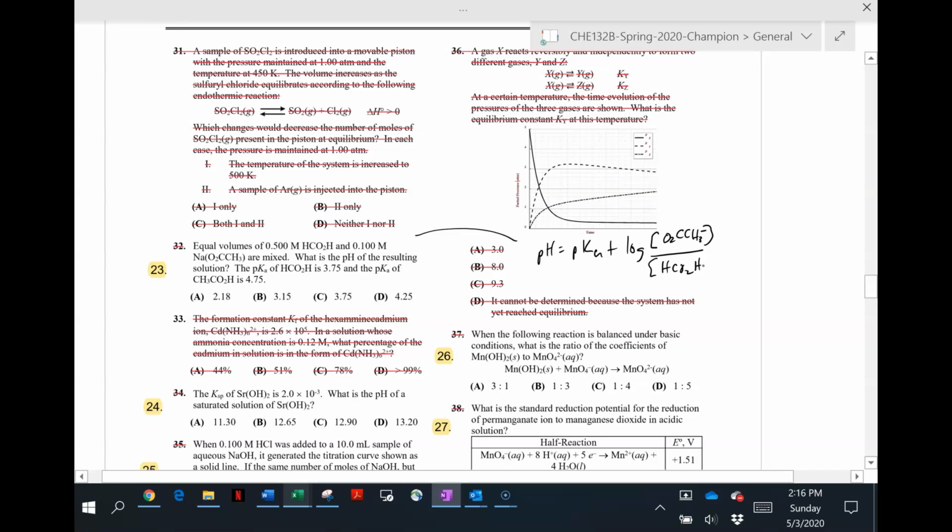Well, that's interesting. Those are actually different compounds. So we've got a more complicated problem. It's not a simple buffer problem. So let's see what's going on here.